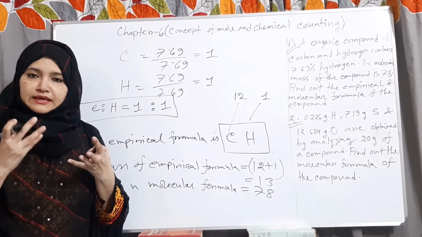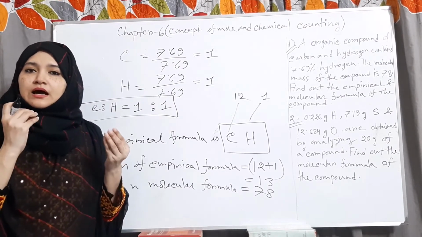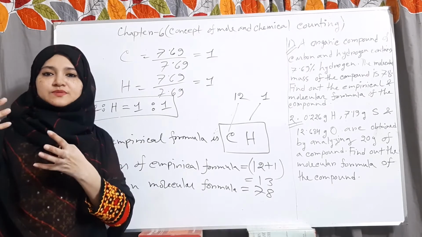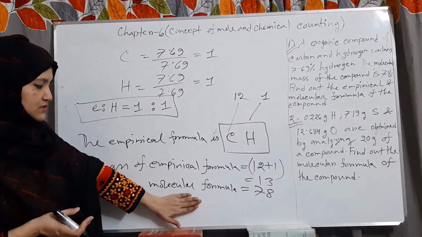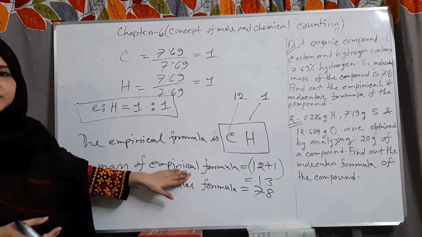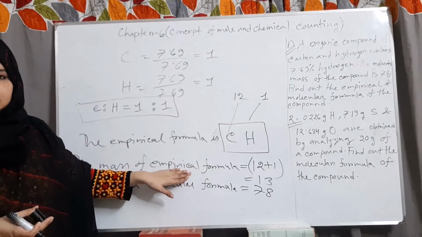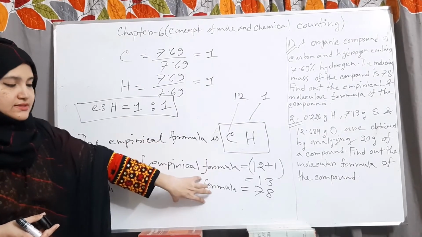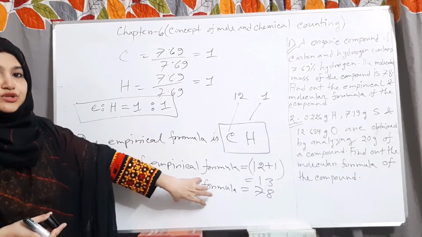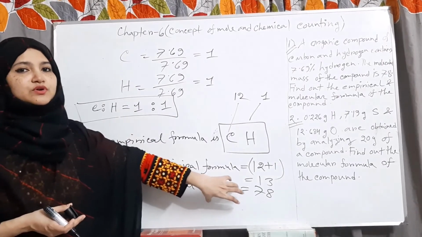This n shows how many times greater the molecular mass is than the mass of the empirical formula. This is the simple ratio, and the molecular formula tells us the actual number of atoms.